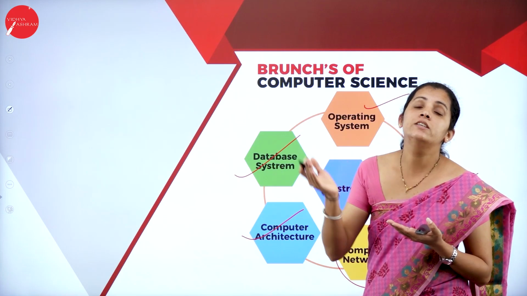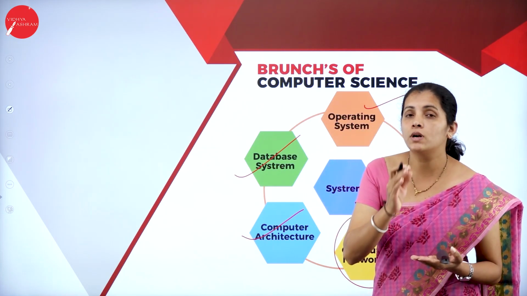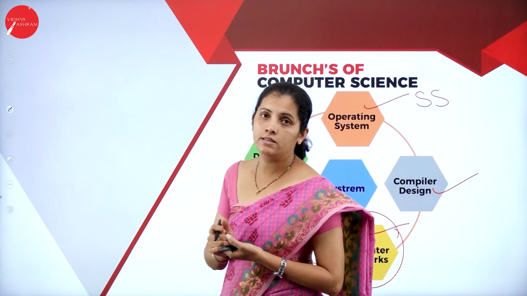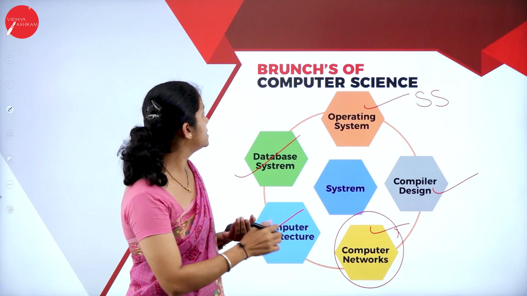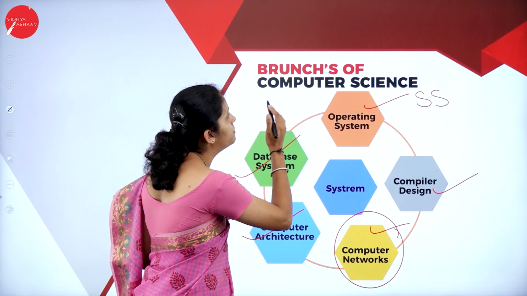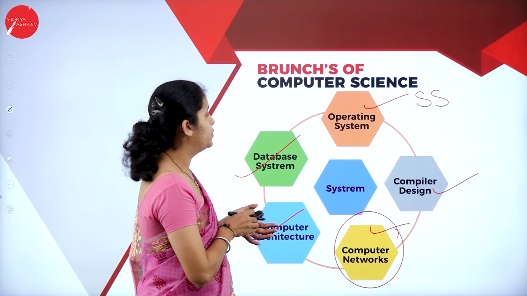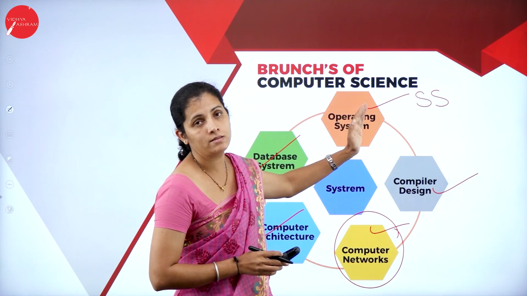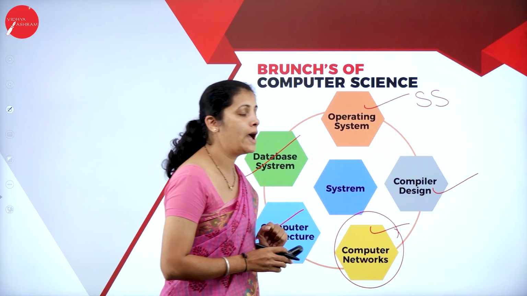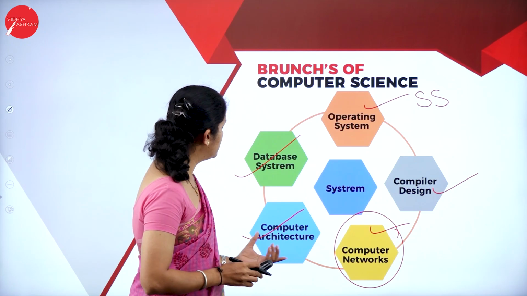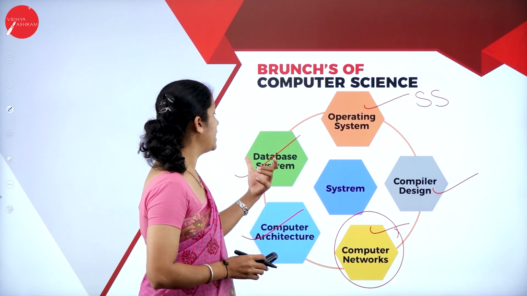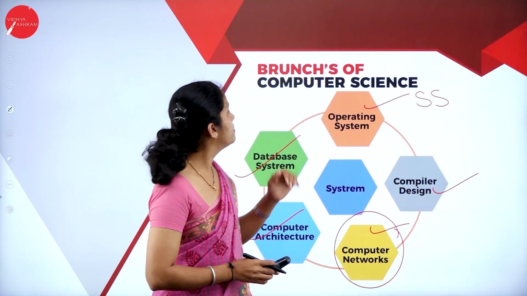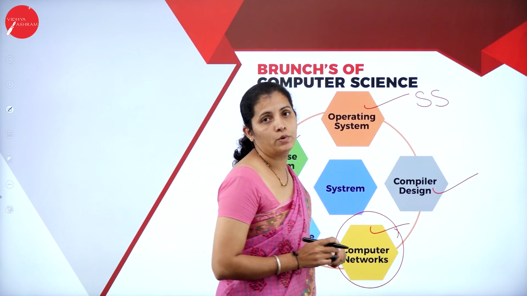Then to manage this database, I require a system that is called a database management system. So the branches of computer science start from operating system, compiler, then computer networks, then computer architecture and database management system. These are the very important branches of computer science.